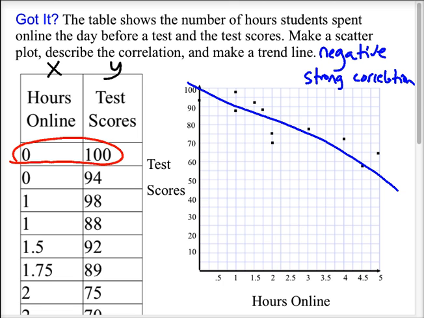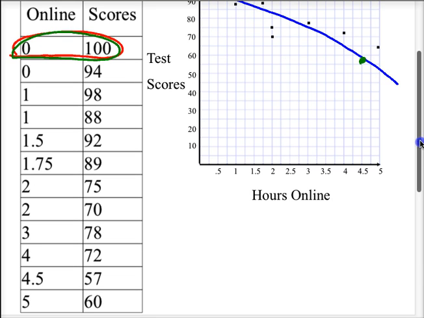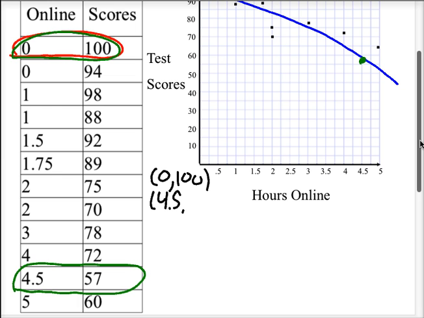Now, I actually want to find the equation of the trend line. So I'm going to take this point here, which is actually the one I already used as an example, and then this point right here also falls on it. So that's going to be the data point (4.5, 57). I'm going to use those as my 2 points, and I'm going to make the equation of this line now.